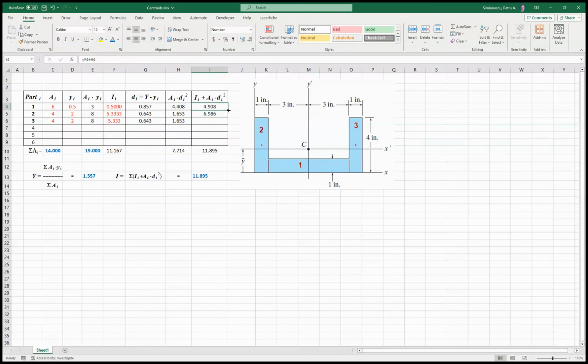Then I can expand it, and below I don't need the zeros. So this is the sum of the parallel axis terms, and this is the sum of centroidal values. I don't think we need them. This is what we need.